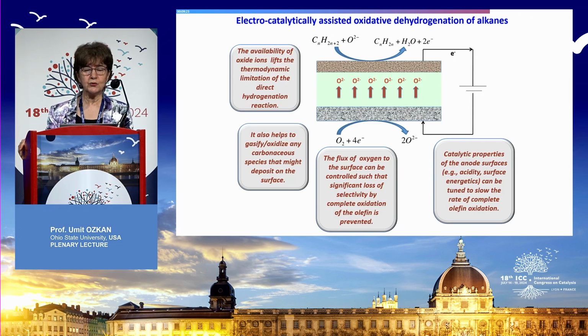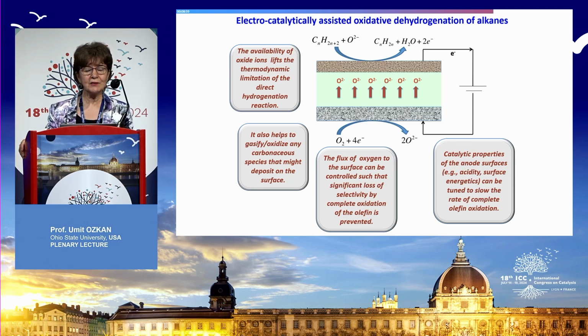Now, I'm sure there are many of you who worked in the oxidation realm, and especially in ODH. One of the main challenges is the selectivity, because when we have the gas phase in contact with the olefin, the olefin being much more reactive than the alkane, it immediately or readily reacts further, oxidizes further to CO2 and water.